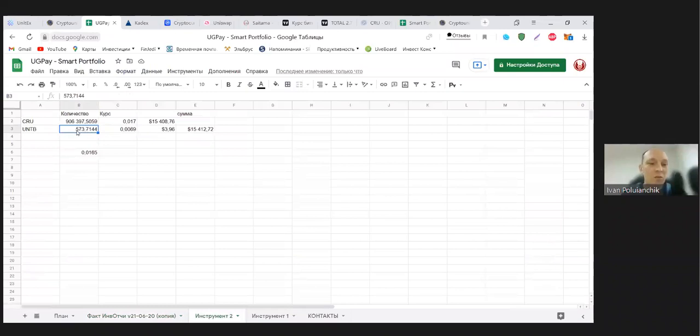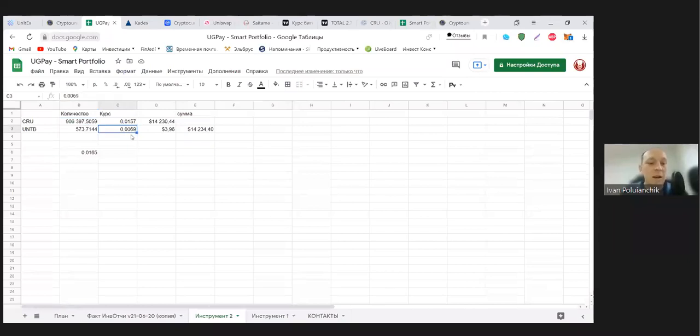We have certain UNTBs on our wallet, and the UNTBs number will be growing. Why? Because the CRU tokens are staked, thus generating more UNTBs. So the price of the CRU will change. For now, it's a little bit lower. I think it's 157, and UNTB price will change as well. So column C is the price. So when the price goes to 18, 19 cents, then those tokens will cost more in the market.